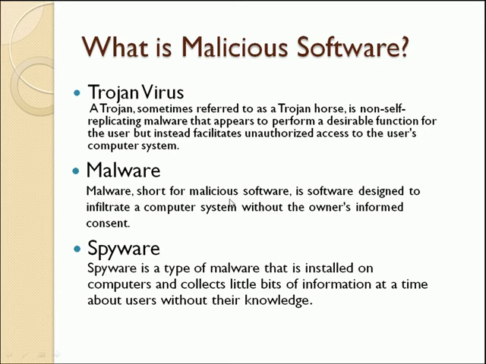Malware, short for malicious software, is software designed to infiltrate a computer system without the owner's informed consent, such as in the form of a different program that actually is credible and works. Spyware is a type of malware that is installed on computers and collects little bits of information at a time about a user without their knowledge.